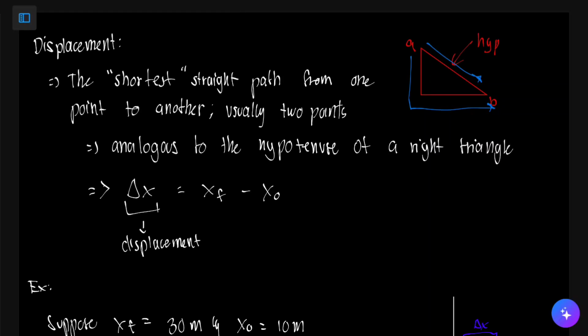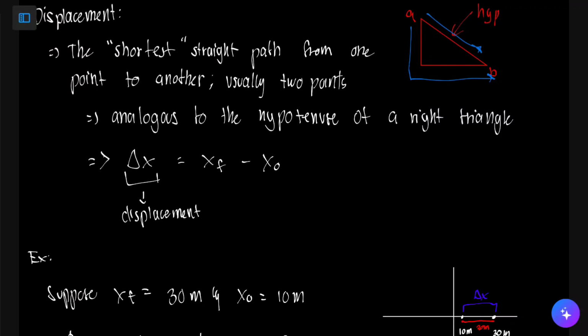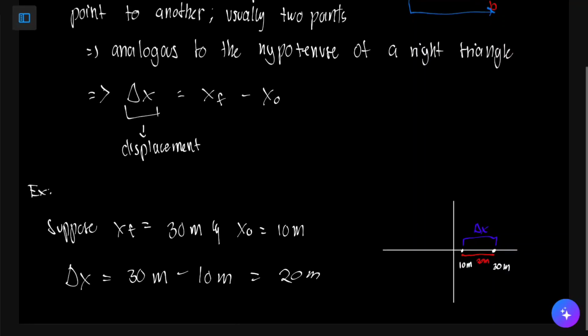So displacement is usually symbolized by your delta x. So your delta x is equal to your final distance or your final point minus subtracted to your initial point. So let's have this as an example.